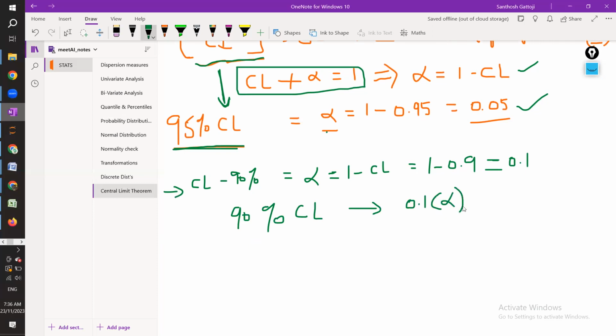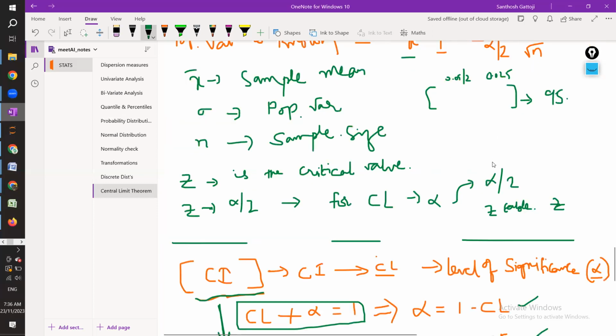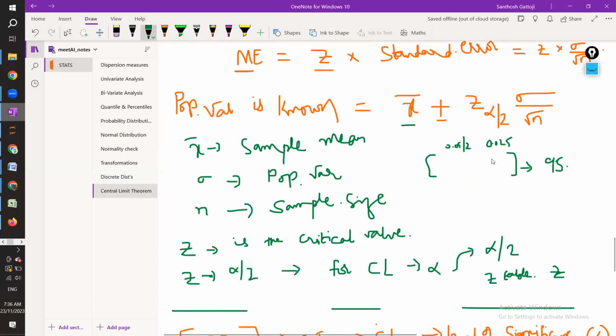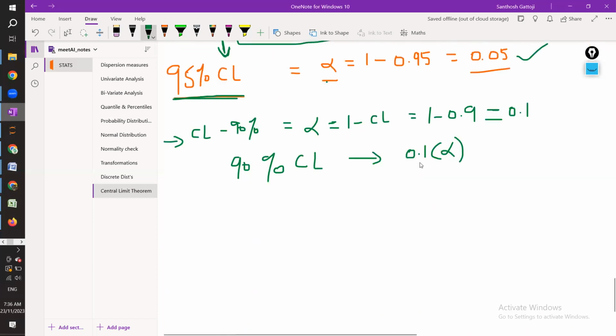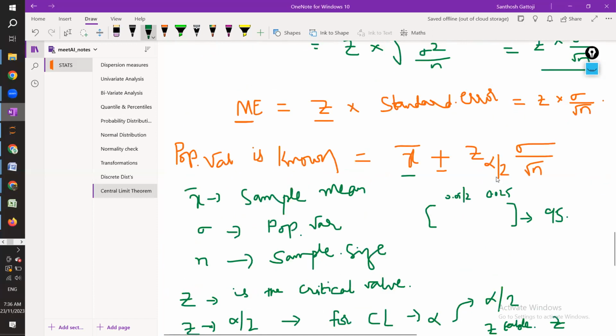Now you got the alpha. Go here, do alpha by 2. Alpha by 2 will be what? 0.05. So at 0.05, calculate the Z value, replace these values, do X bar plus or minus, and you will get a range.